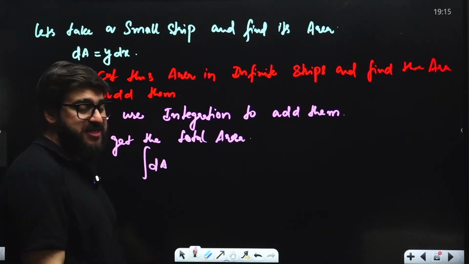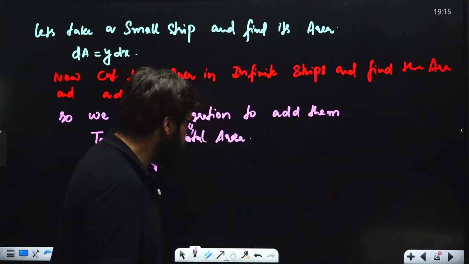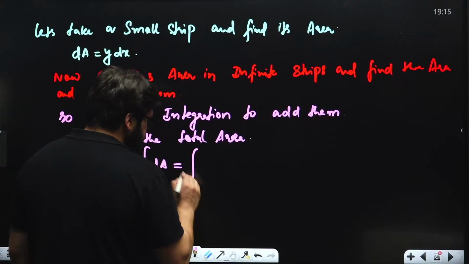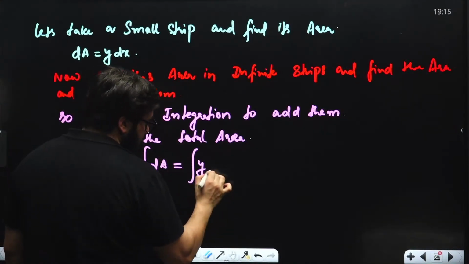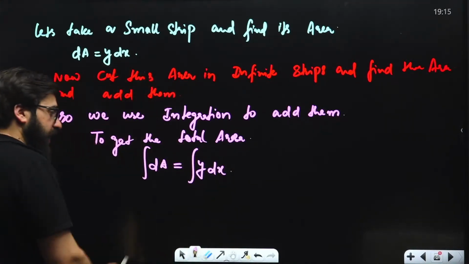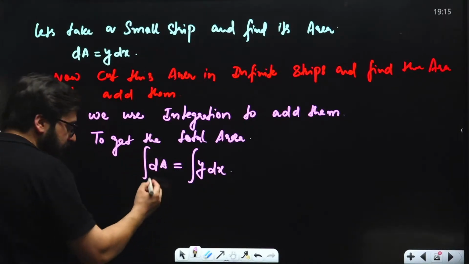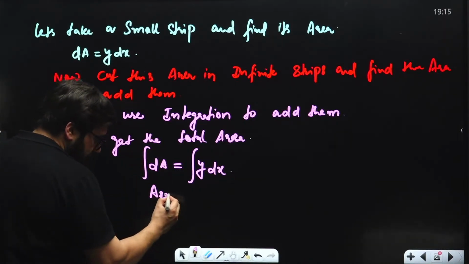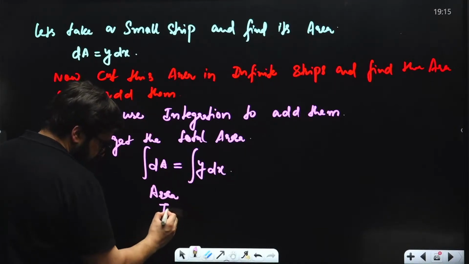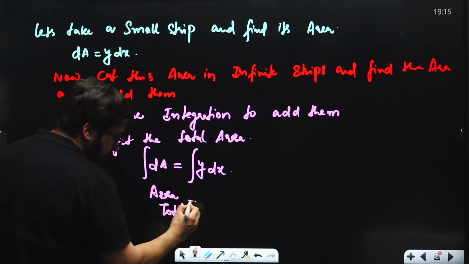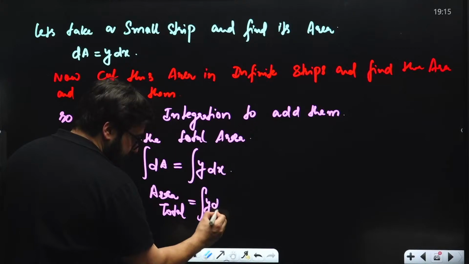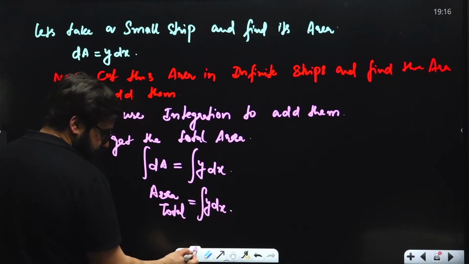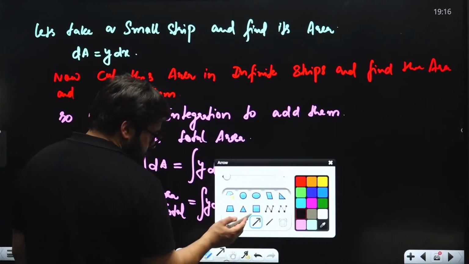What does this mean? This is the addition of all of those areas. Can I say integration dA, dA, dA, dA, dA? It will give me the total area. It will be integration of y dx.